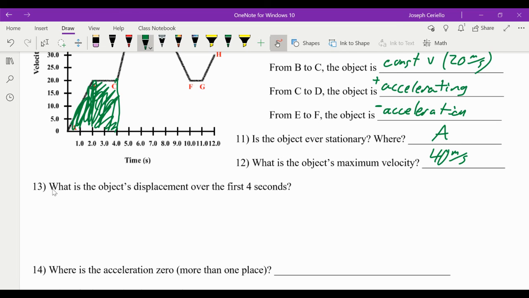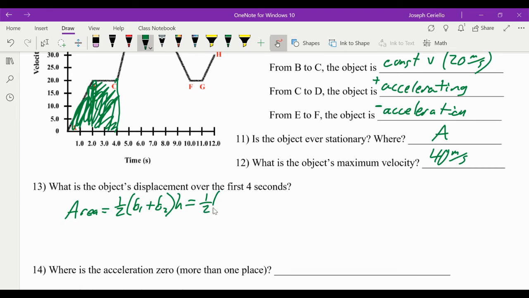Or this shape is also a trapezoid, so you can do this equation. It's a little bit more advanced. Area equals 1/2 base 1 plus base 2 times height.